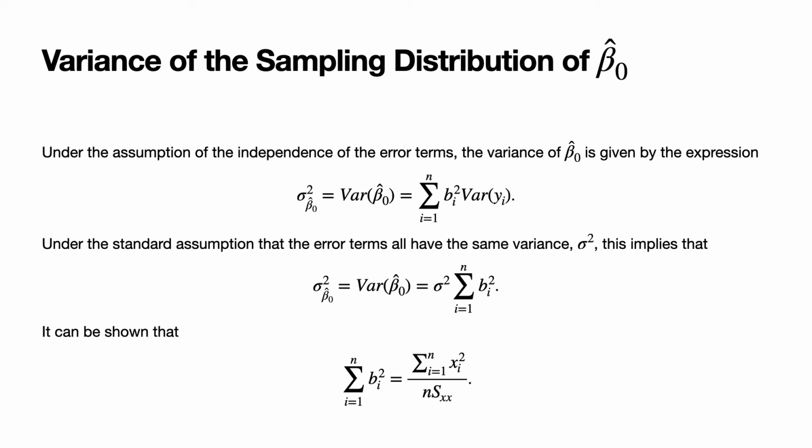Under the assumption that the error terms all have the same variance, denoted sigma squared, this simplifies to the expression sigma squared times the sum of the squared b values. Now, it can be shown that the sum of the squared b values is equal to the sum of the squared x values divided by n times s sub xx.